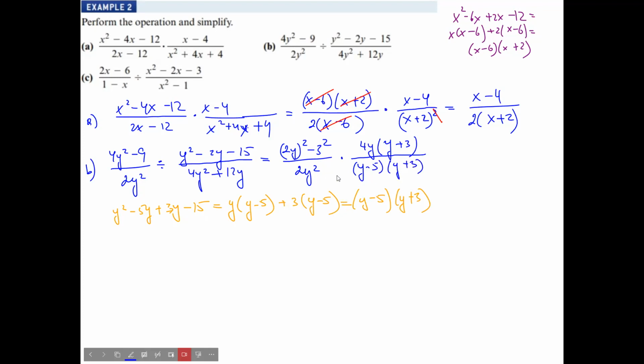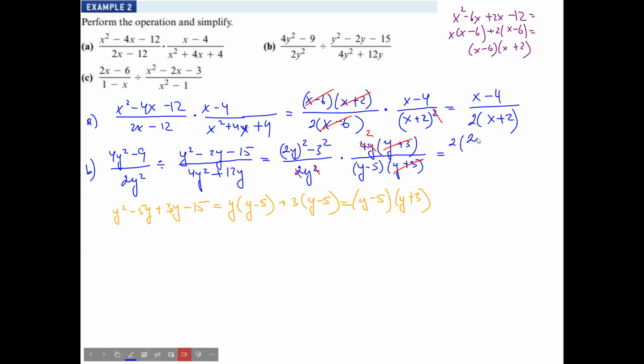So now I have multiplication. I can simplify. Well, not yet. Well, some of it, yes. What I can do, 2y squared and y, right? Now I can do this and that. Yes? Okay, what do I have left? 2.